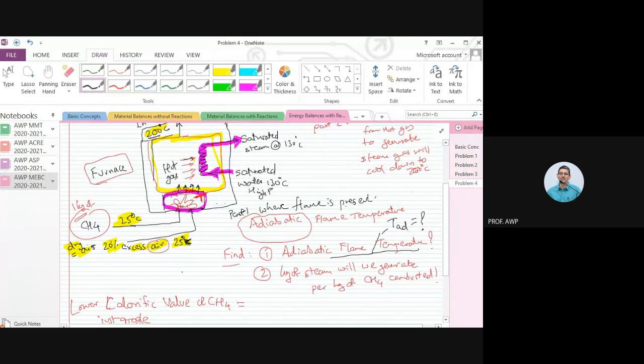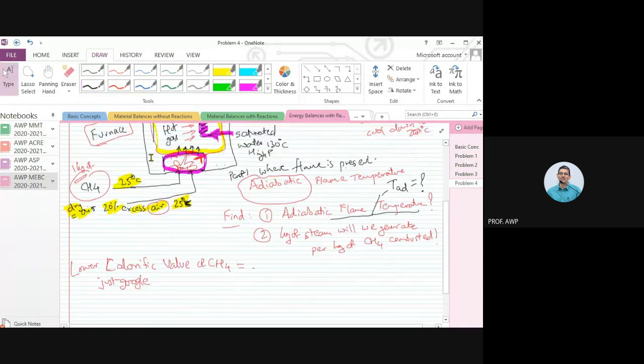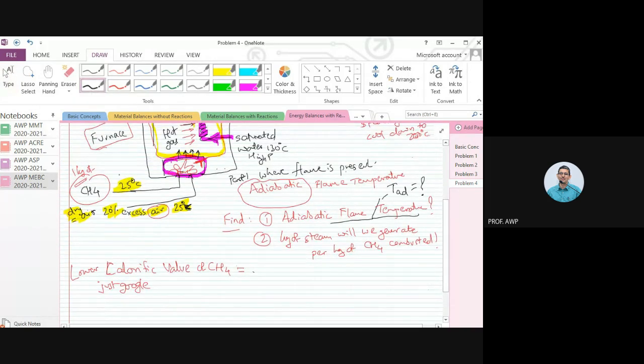So I can't take Cp to be constant. I have to worry about temperature increasing from 25 to maybe 1000 plus, maybe 1500. So I can't take Cp to be constant, nor can I take it to be ideal, 7/2 R.